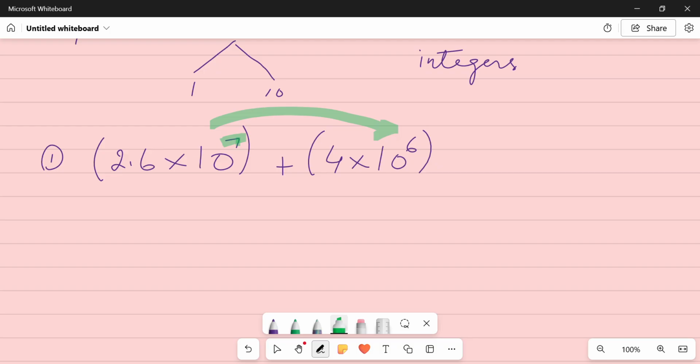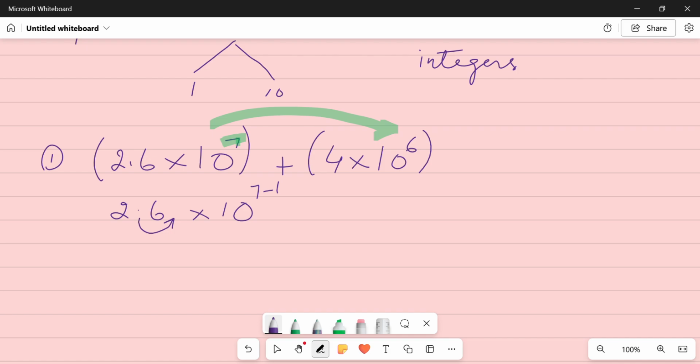So how are you going to bring this into 6 here? Let's take this 2.6 times 10 to the power 7. When I minus 1, it will become 6, right? And we want 6 here. So minus 1 means in the standard form, when you move the decimal towards your right side, you use this minus.